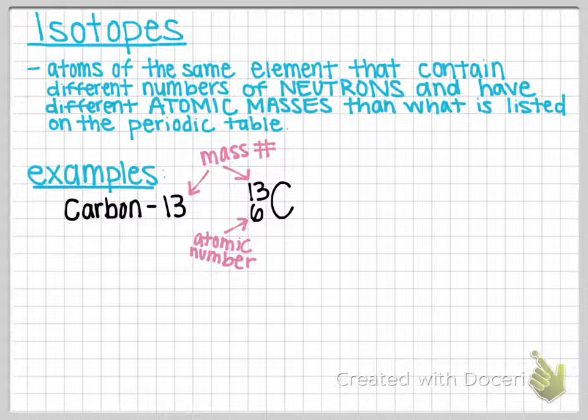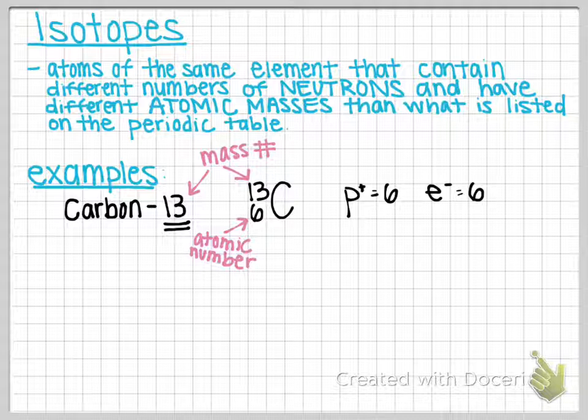And so when we're labeling protons, neutrons, and electrons from this information, you know that the atomic number, that 6, is your number of protons. It is also your number of electrons. However, for your neutrons, you need to use this mass number that is given.